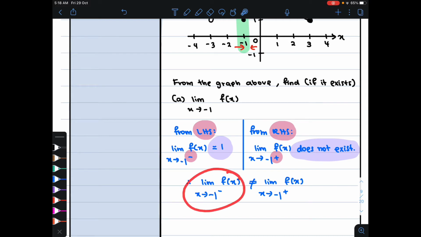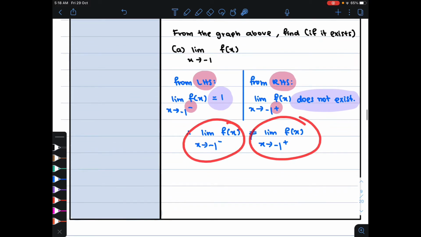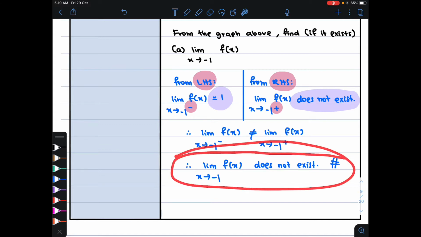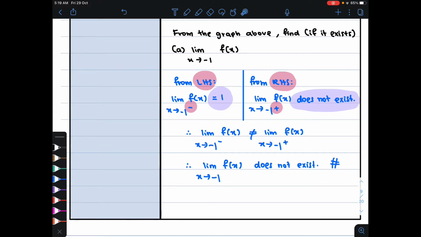So if they are not the same, does the limit exist? The answer is no. The limit of f(x) as x approaching -1 does not exist. So for the final conclusion here, do not write plus or minus next to -1 here. Just write it like this, and this means that the limit does not exist.